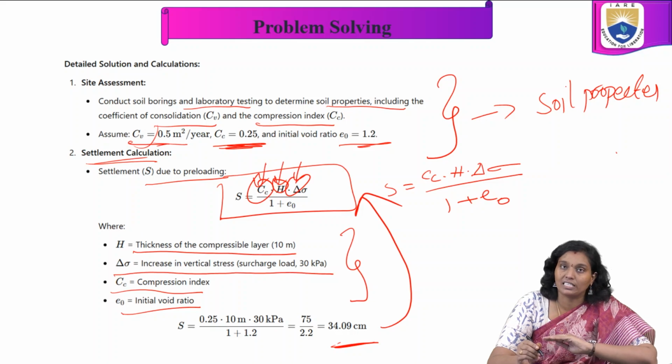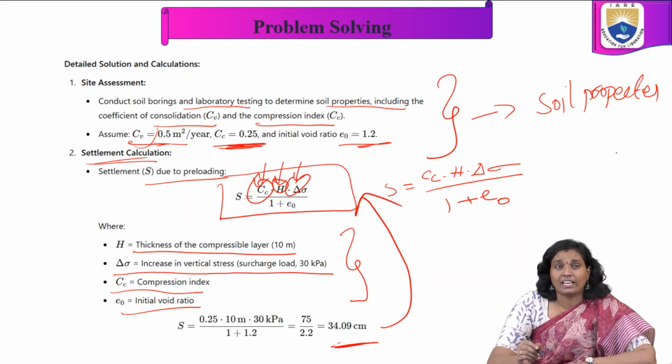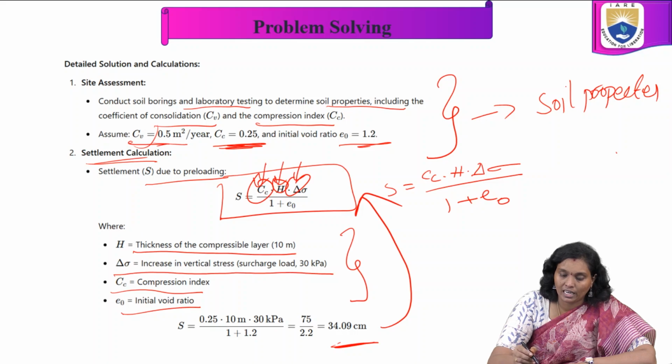First we understand the required properties for getting the desired properties. For that purpose, we collect samples from the location and conduct laboratory tests to determine the soil properties, including the coefficient of consolidation as well as the compression index.